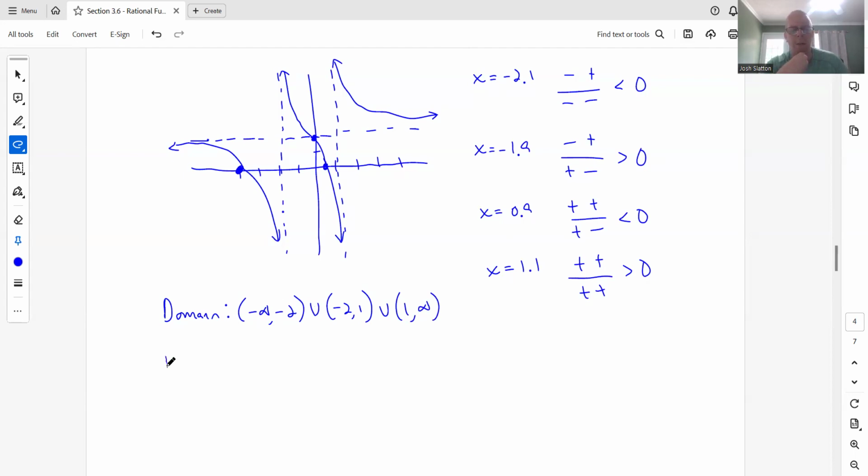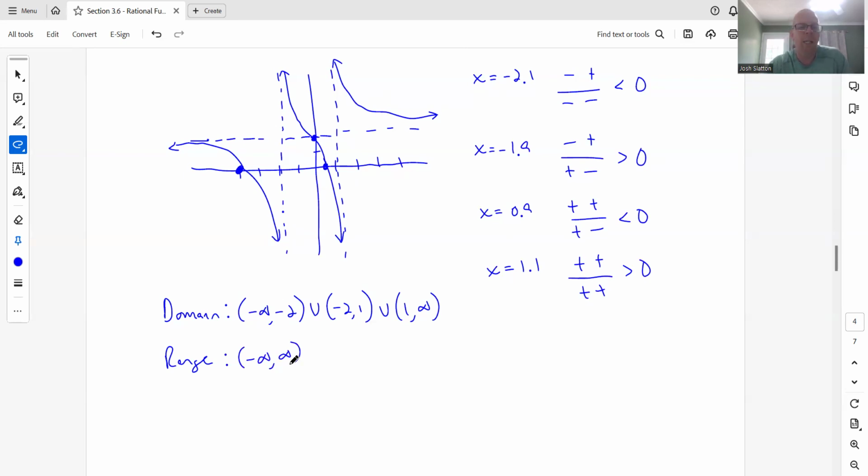Now the range, you've got to be careful because you cannot just take out where that vertical asymptote is, because it is possible, and it does in this case, cross the horizontal asymptote. And we can see from this middle section here that the range is going to be all real numbers. So the range may or may not be all real numbers on these.